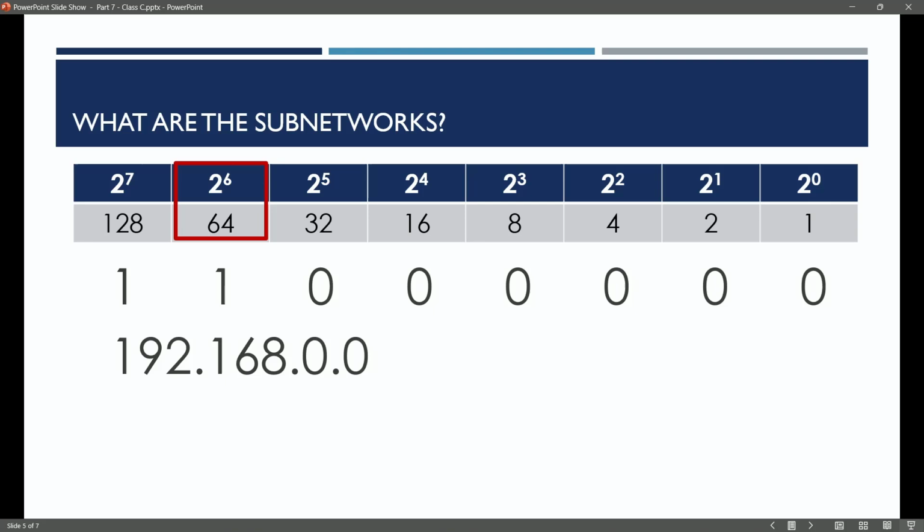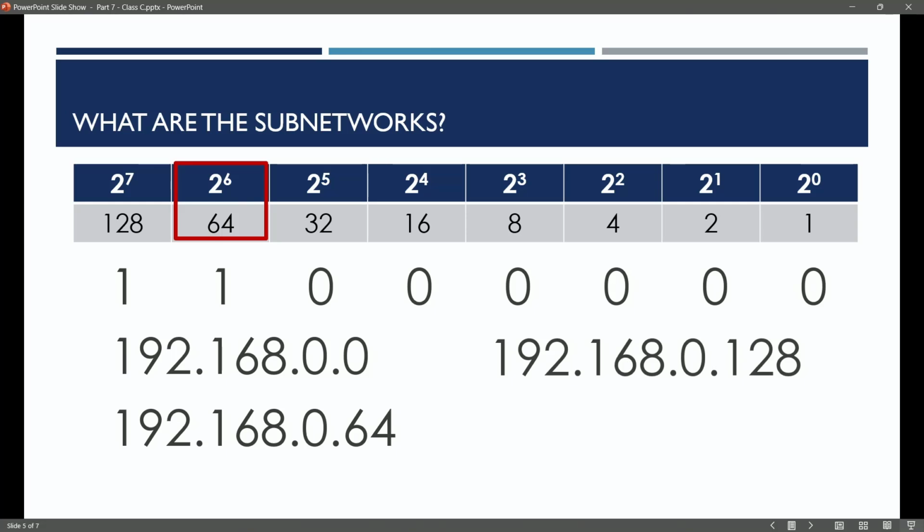So now we can build our subnetworks. 192.168.0.0 is our first subnetwork, and then our second is 192.168.0.64. Notice it's the block size, the increment size. And then our next one will be 192.168.0.128. That's 64 plus 64, of course. And finally, 192.168.0.192. 128 plus our block size of 64 gives us 192.